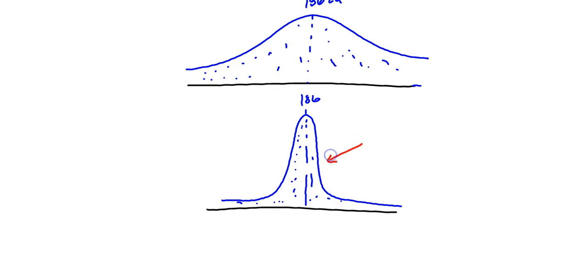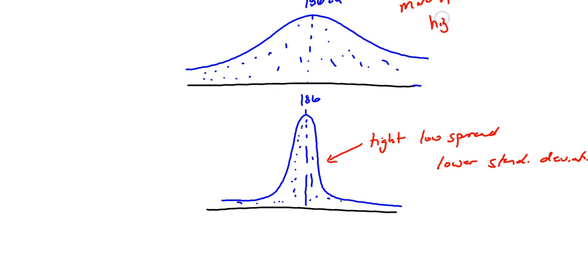When the data is tight like that, you have a low spread. That means you're going to have a lower standard deviation. And up top, the data is a lot more spread out. Even though the average was the same, you have more spread. So you have a higher standard deviation.